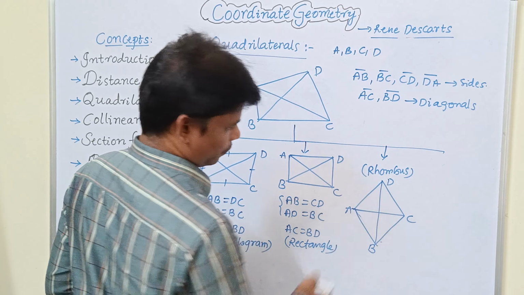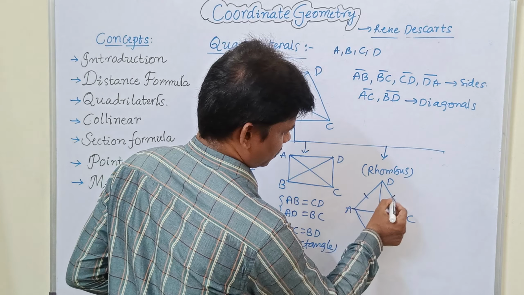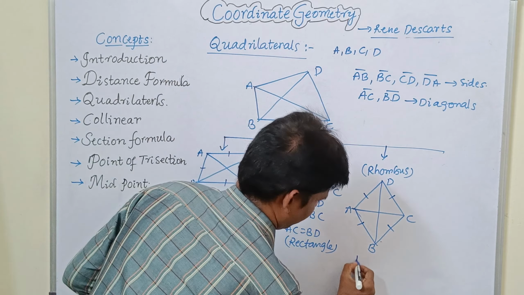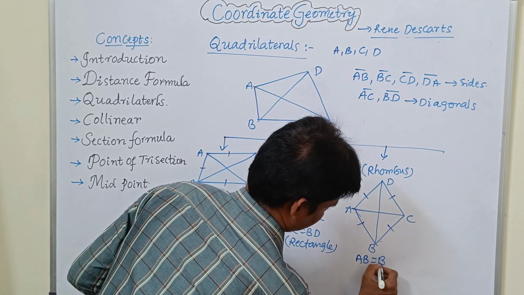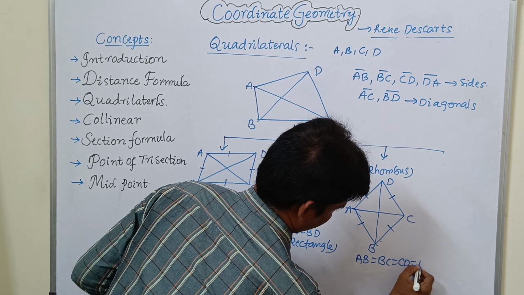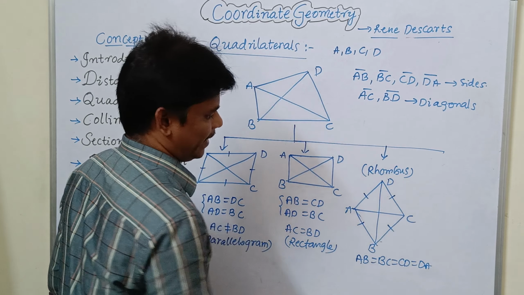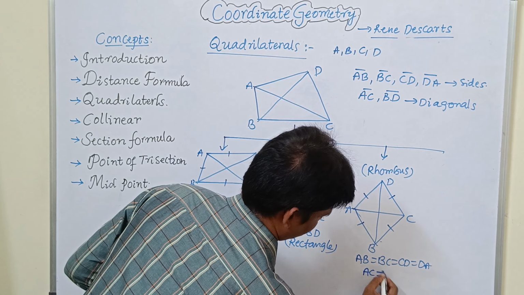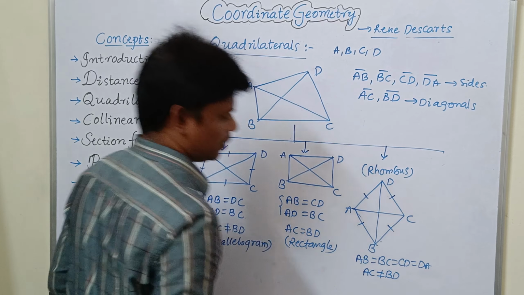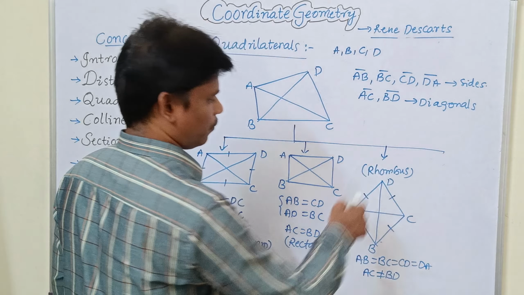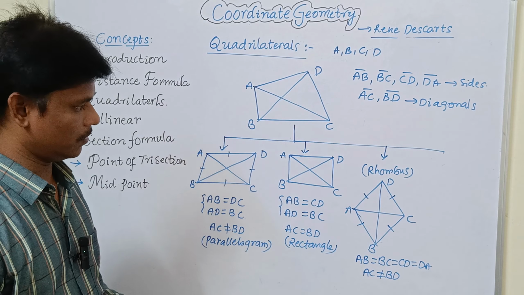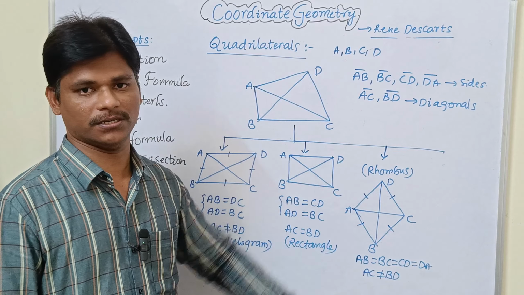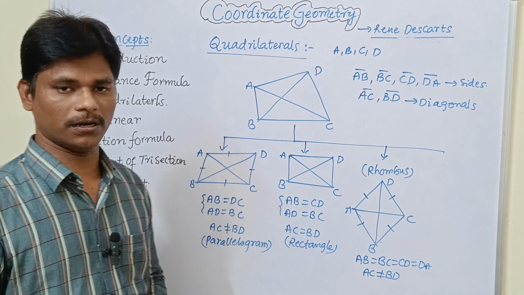The four sides are equal: AB is equal to BC is equal to CD is equal to DA. The diagonals are one small and one big, so AC is not equal to BD. Then only the four different points form a rhombus. So satisfy these conditions, then only it forms a rhombus.